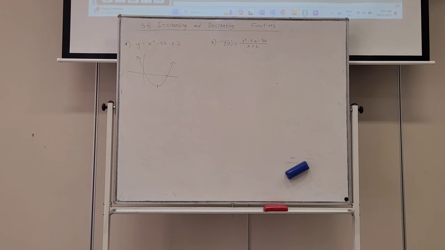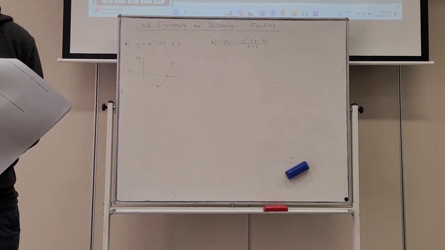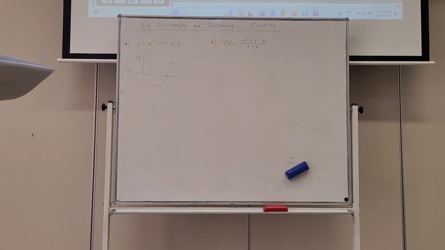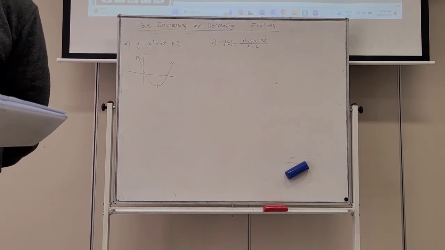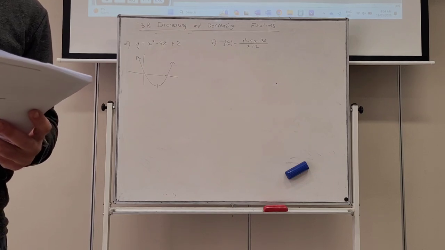To find when a function is increasing, we draw the sign diagram of f dash of x. Recall, f dash of x is the slope function. The sign diagram of f dash of x tells us when the slope is positive and when the slope is negative, and hence corresponds to when f of x is increasing and decreasing.